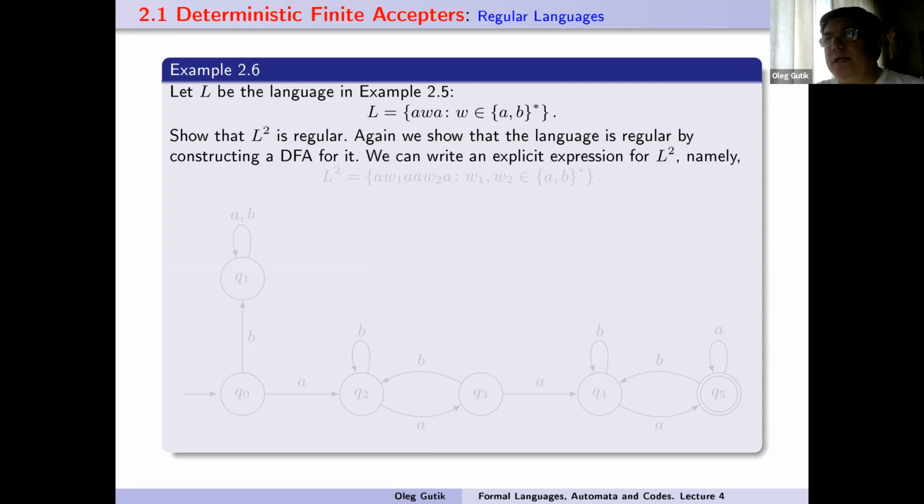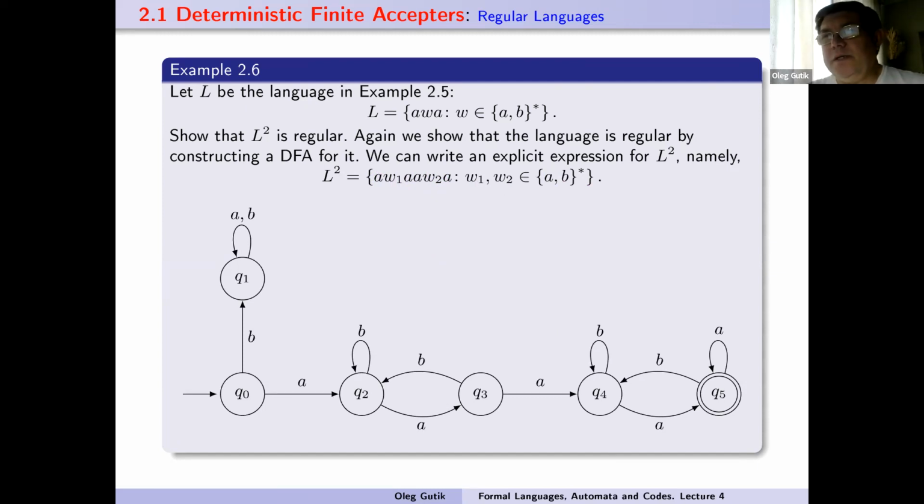We can write an explicit expression for the language L squared, namely L squared consists of such words which start with A, next will be any word W, then we have AA and any word from the alphabet {A, B}, and this word ends with the symbol A.